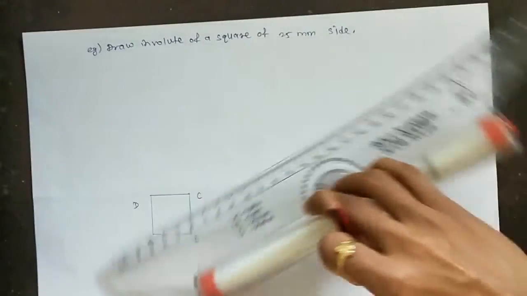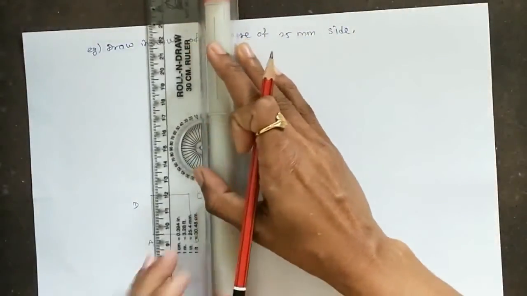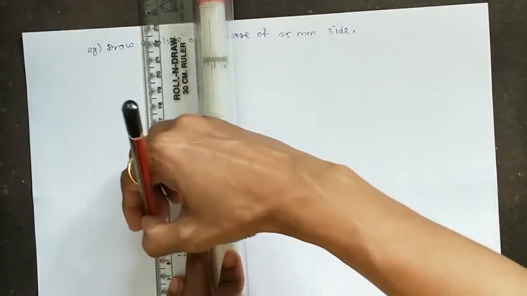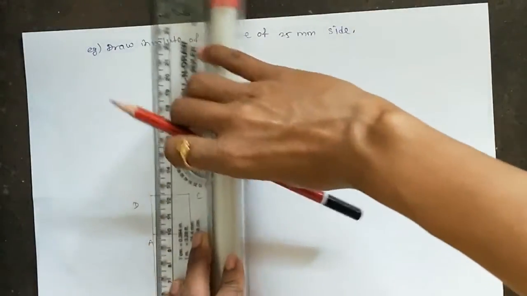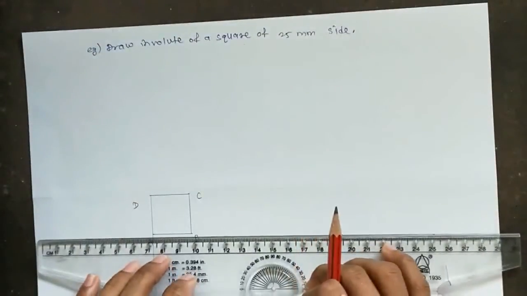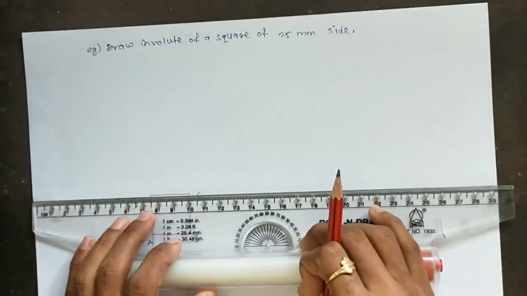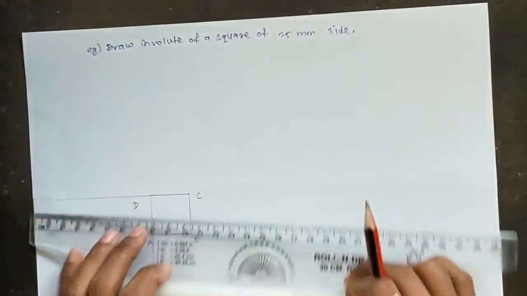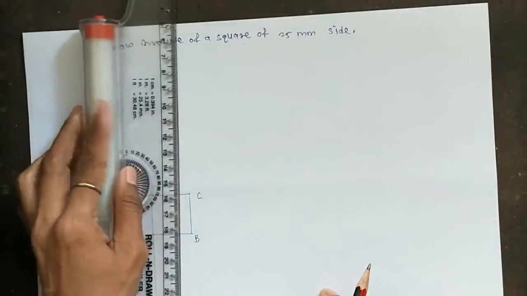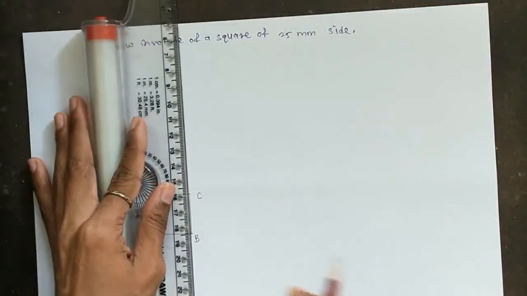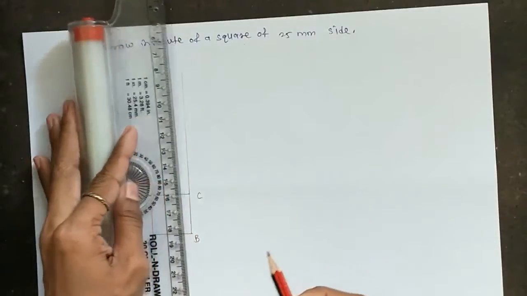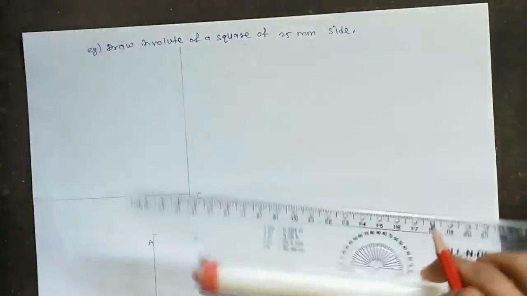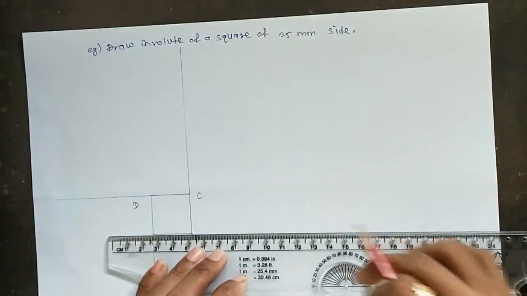So I will extend line AD, then I will extend line CD, then line CB, and line AB.